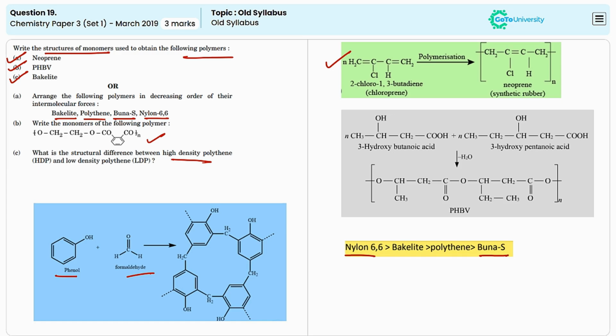It has a lower melting point and is more transparent and pliable. So we can say HDPE has a linear structure with little branching, making it dense and strong, whereas LDPE has a more branched structure, making it lighter and more flexible.